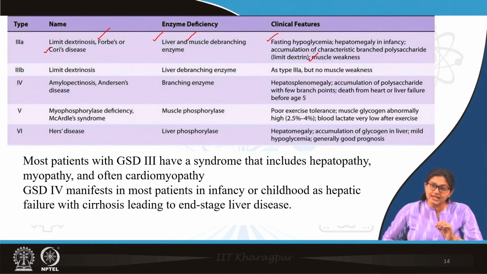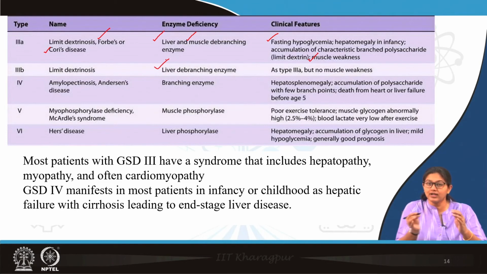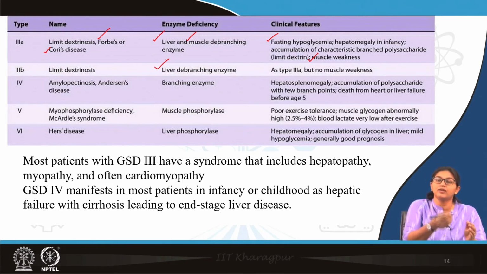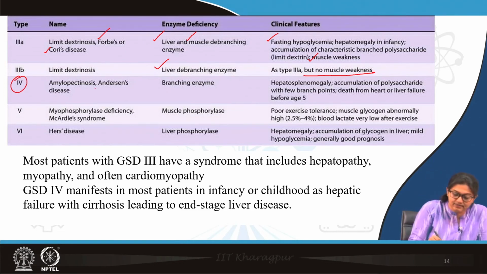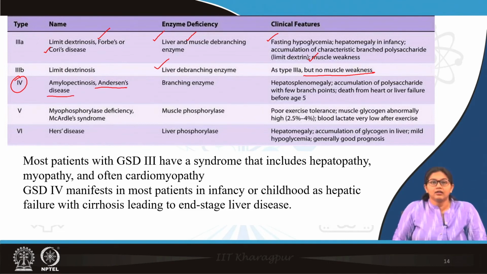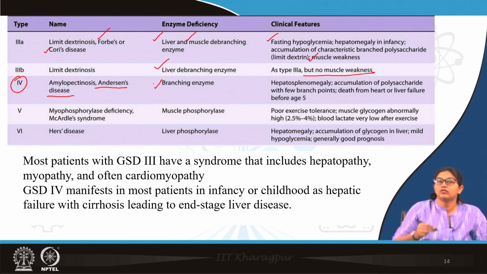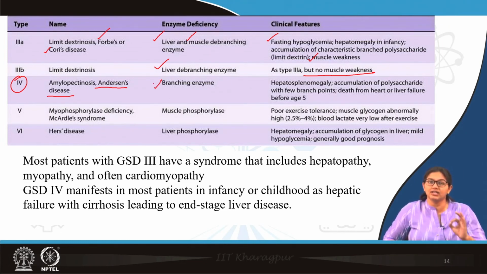Now type 3A, where the debranching enzyme of both liver and muscle are affected, whereas in type 3B, only the liver isoenzyme is affected, giving rise to only the symptoms generated from the liver, hepatopathies, but the muscle manifestations are not there. Then type 4 is known as Andersen's disease. Here the defect is in glycogen synthesis, with a defect in the branching enzyme.